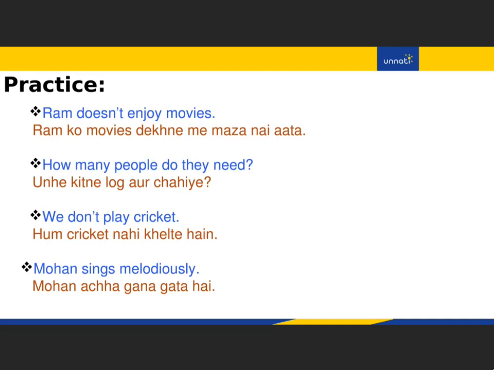So this is a question in simple present, with how many as a question word. We don't play cricket. हम क्रिकेट नहीं खेलते हैं. So this is again a negative sentence in simple present. मोहन sings melodiously. मोहन अच्छा गाना गाता है.